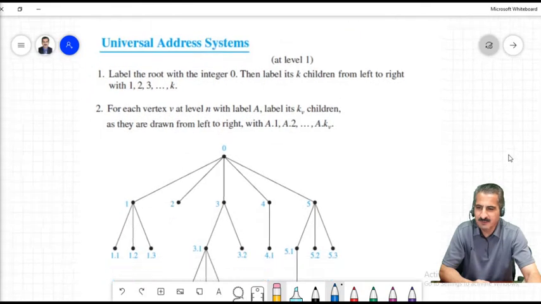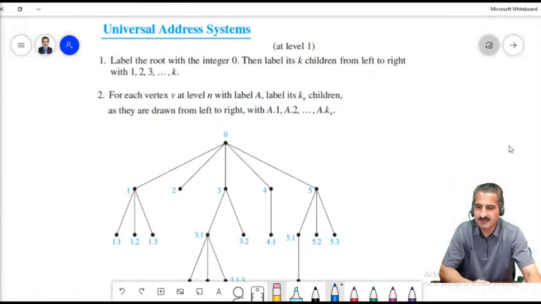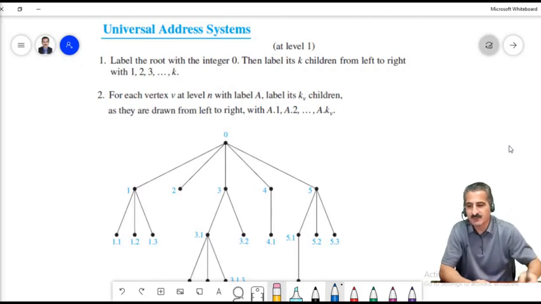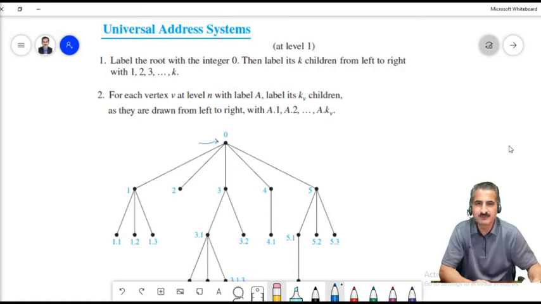Let's start with universal address systems, where we address or give labels to the vertices in the tree. The root of the tree will be given a 0, because we might consider this as level 0, like a ground level.